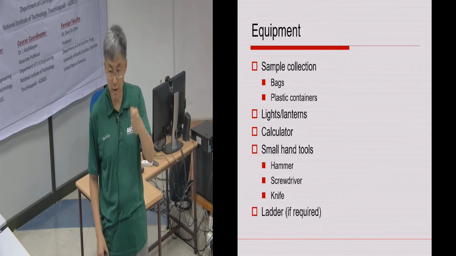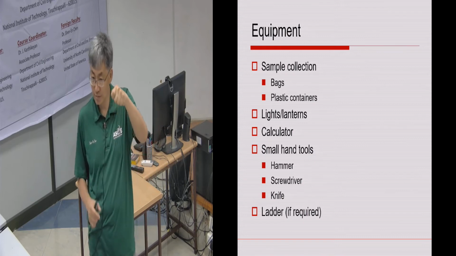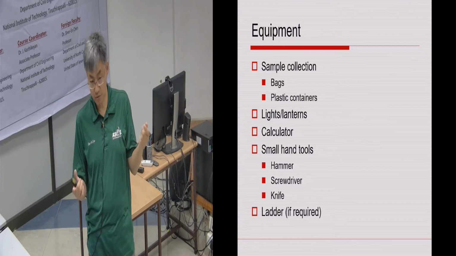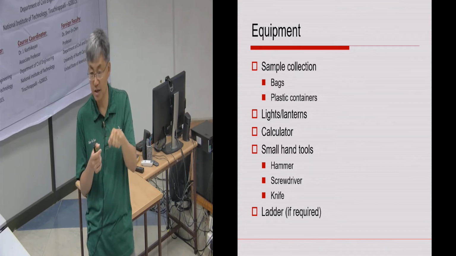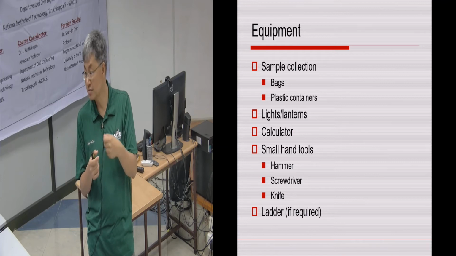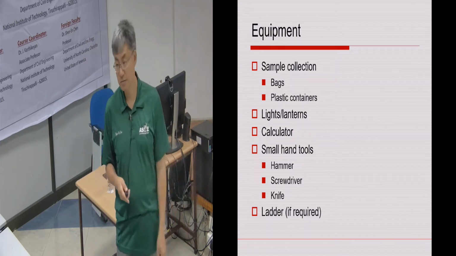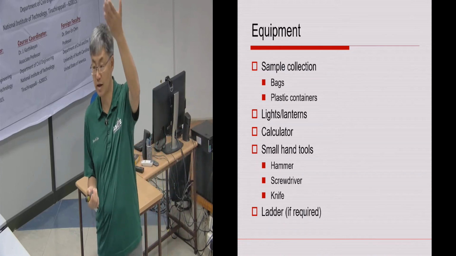Handy tools: hammers, screwdrivers, knives. When you see the failure may be due to erosion or corrosion, collect some samples so you can do some basic oxidation tests in the lab. And a ladder, if required, when you have to get higher up.